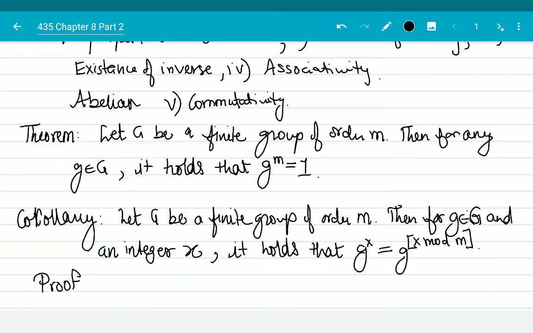And the proof is really simple. Once again, this symbol x mod M means the value modulo M between 0 to M minus 1.